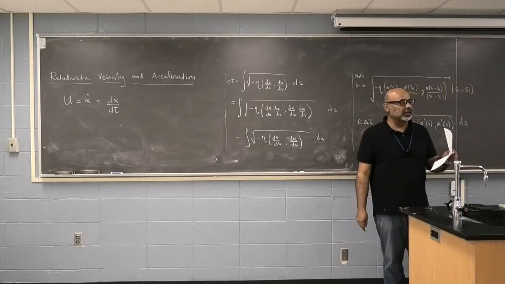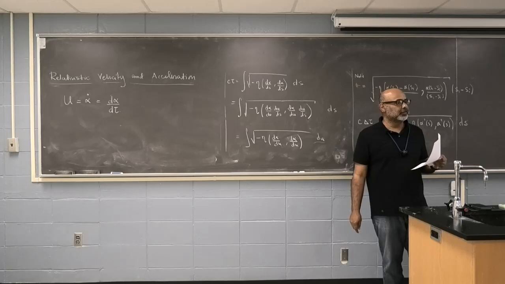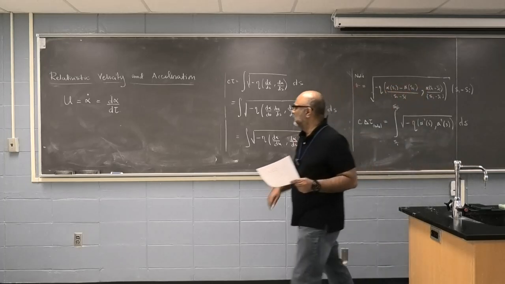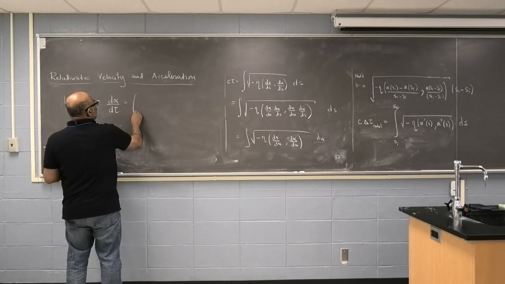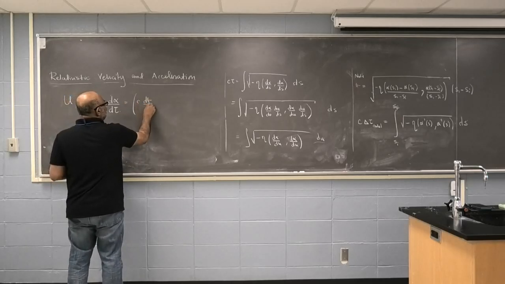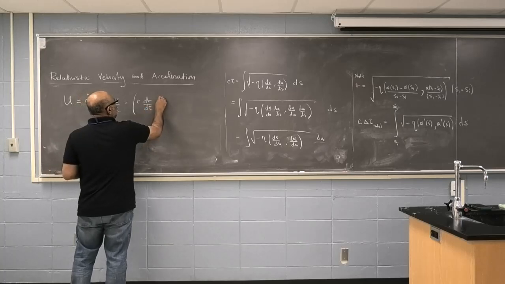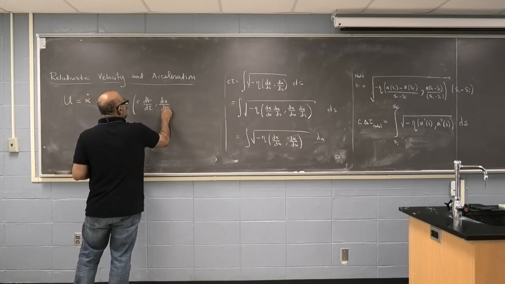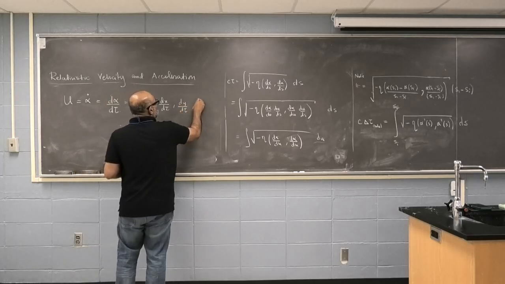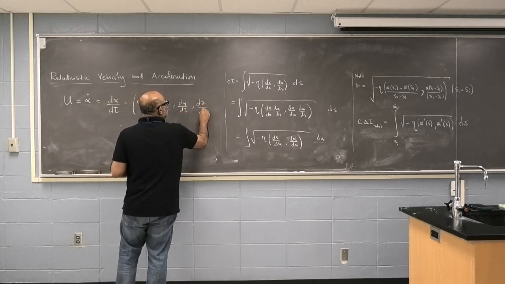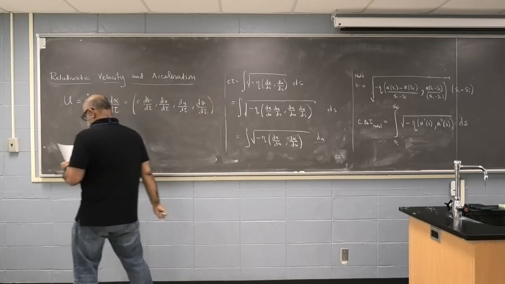So you take the observer's proper time, and then you find its derivative. And so let me write this out. It is c times dt/d tau, dx/d tau, dy/d tau, dz/d tau. I'm not going to write this again.